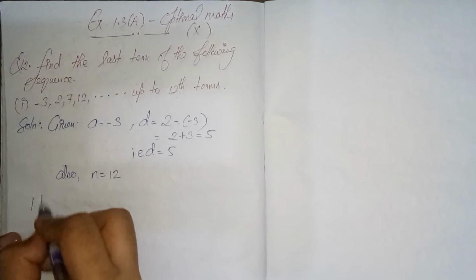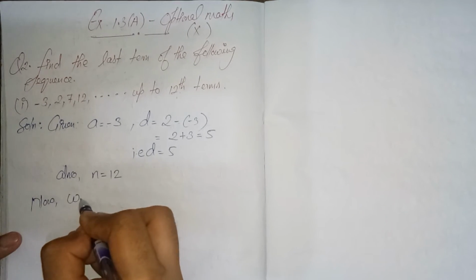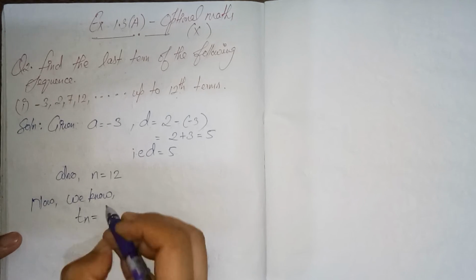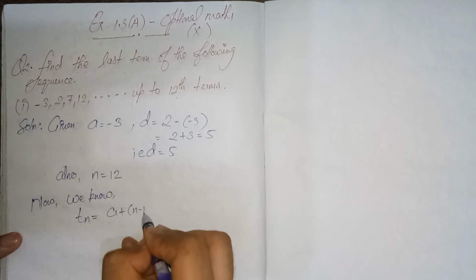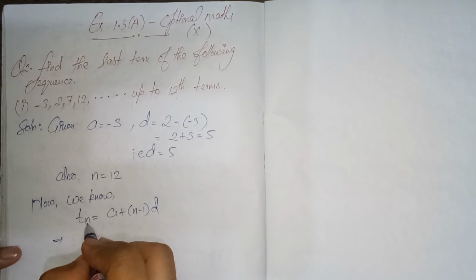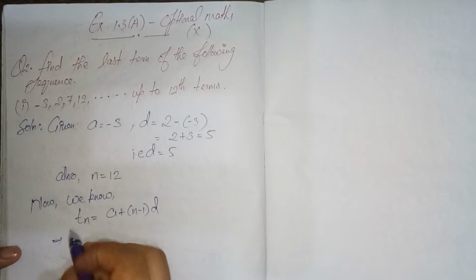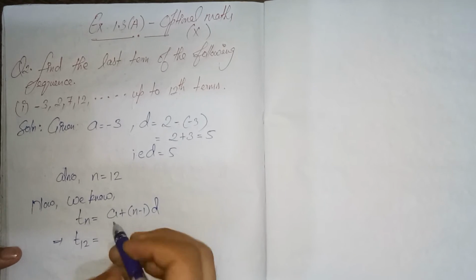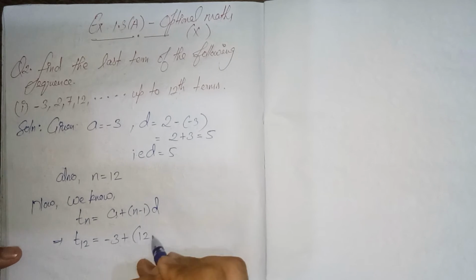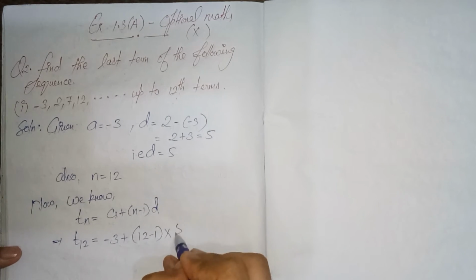Now we know Tn is equal to a plus (n minus 1) d. So in place of n, we put 12. T12 is equal to, in place of a, -3 plus (12 minus 1) multiplied by d, which is 5.